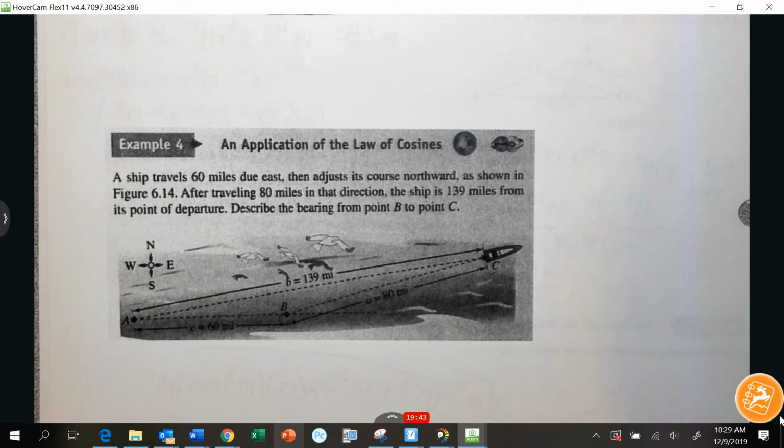A ship travels 60 miles due east, then adjusts its course northward, as shown in the figure. After traveling 80 miles in that direction, the ship is 139 miles from its point of departure.